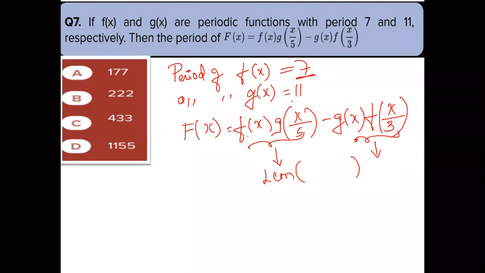But I know the value of f of x and g of x, so how can I find the period of g of x by 5 and f of x by 3?